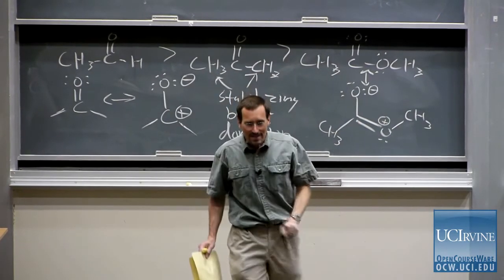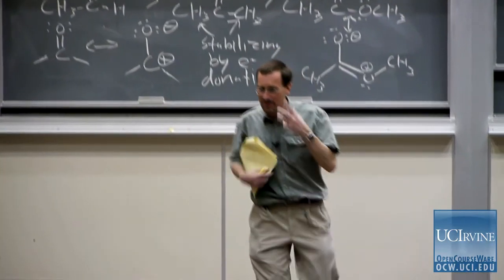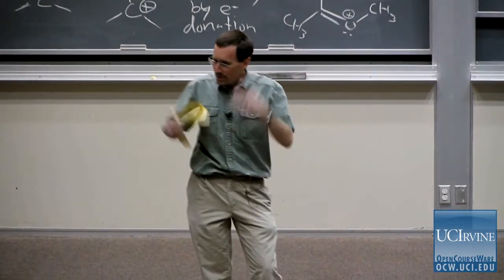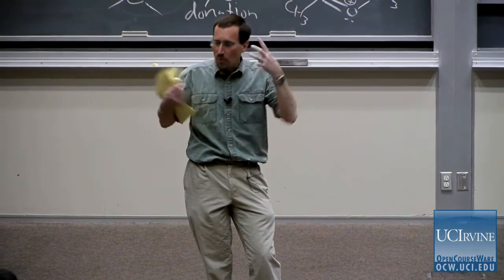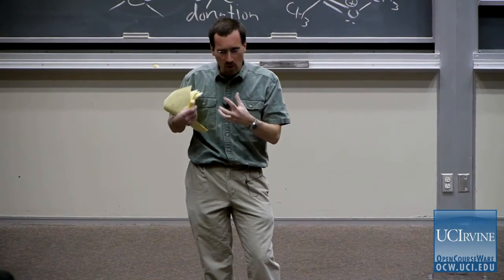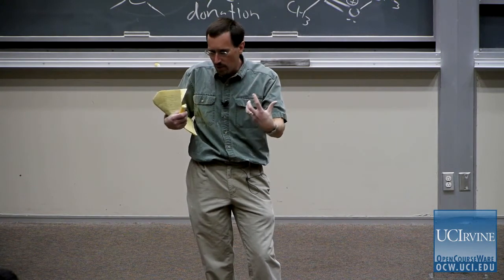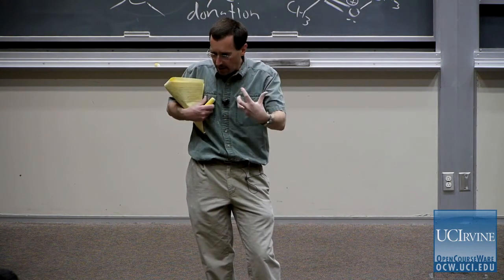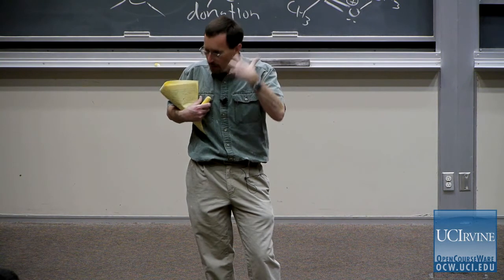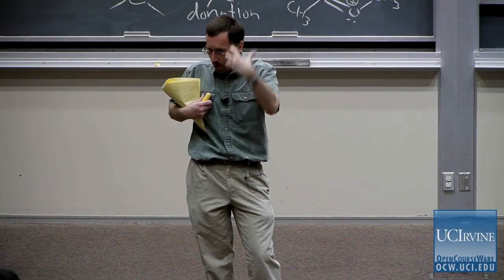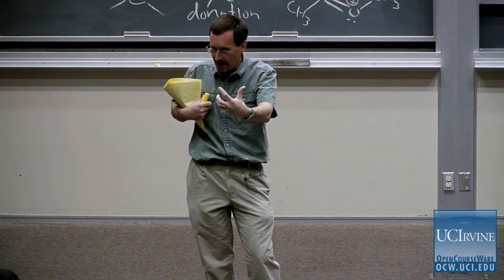And the reason the answer is no, in terms of contribution, is we have two competing ideas. We have the idea that atoms want to have complete octets, and the idea that in general, when there's a choice, you put the positive charge on the more electropositive, the less electronegative atom.